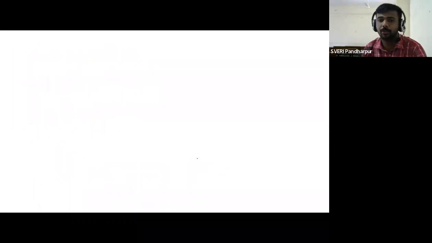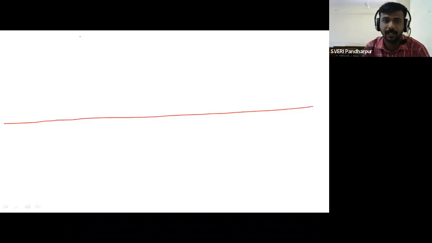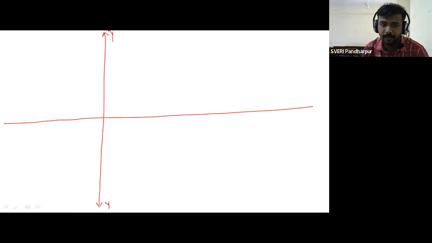So once again, you have to draw the vertical axis and the horizontal axis. This is the horizontal axis. This is your vertical axis, sigma y or y, then this is x axis. This is the origin point O, right?